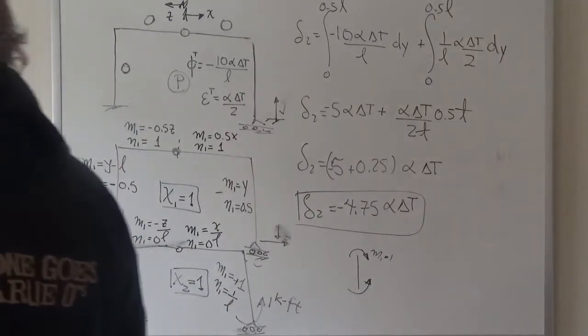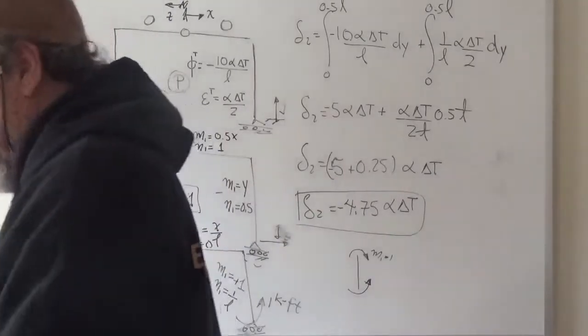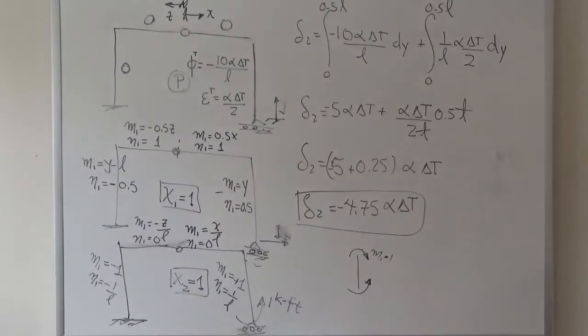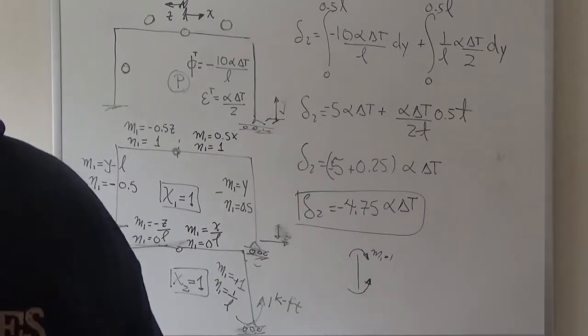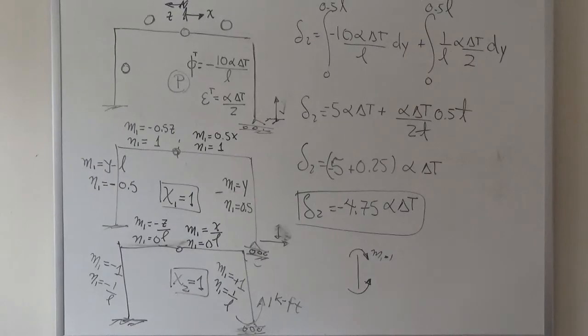So here we go. Delta 2, I write it down on a piece of paper here, is minus, gotta be careful here with my units, because there's a lot of numbers. Let's see.